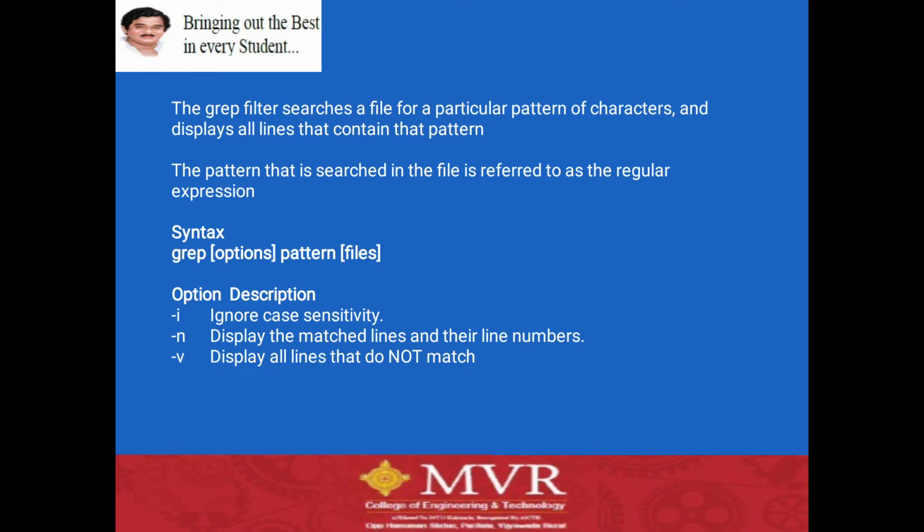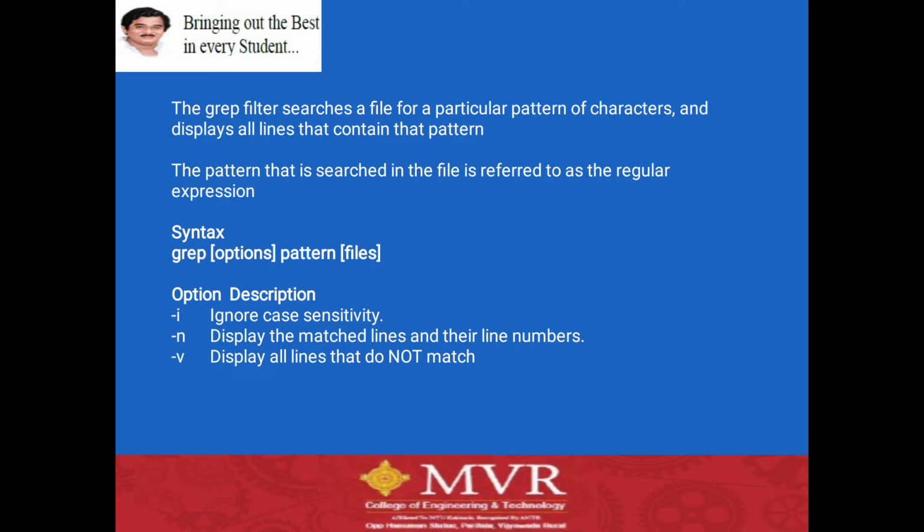And the second option with grep is the minus n option. So what is this minus n? This minus n displays the matched lines and their line numbers. Normally grep only prints the lines in the output. It will not print the numbers of the lines. So as I said, if there are 5 lines and the first line and fifth line are matching, it will display the first line and fifth line, but it will not display the number of the lines.